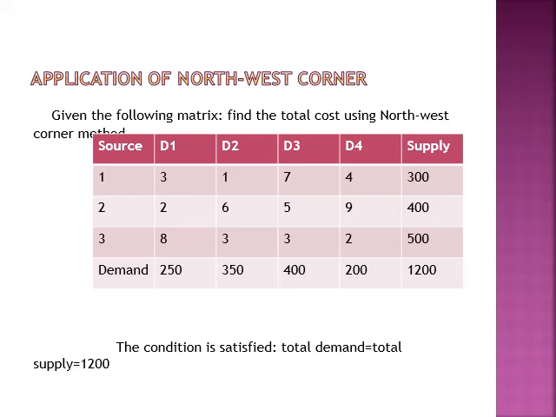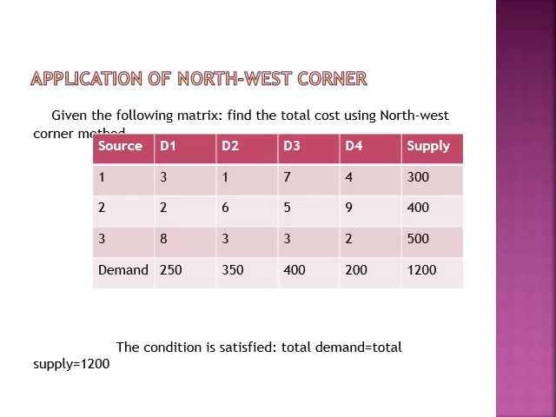The cost of transportation of 1 unit from the source 1 to market center D1 is $3, for example, for 1 unit.